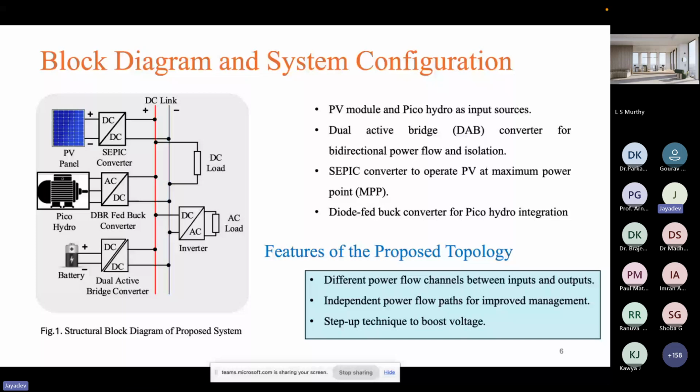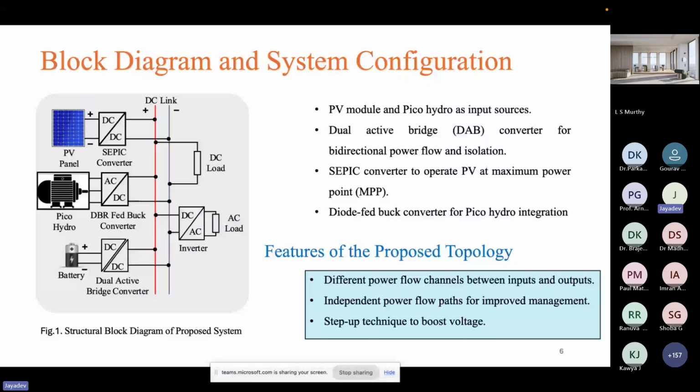As an individual converter is assigned to a particular source, the power flow path from the input to the output is different for different sources. Whenever one source is supplying power to the load, the other source can also supply at the same time.